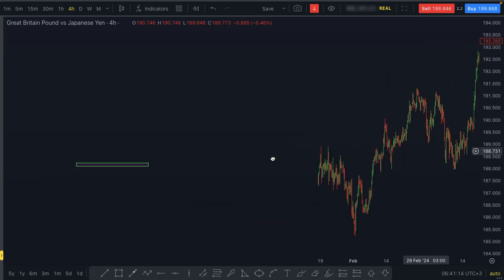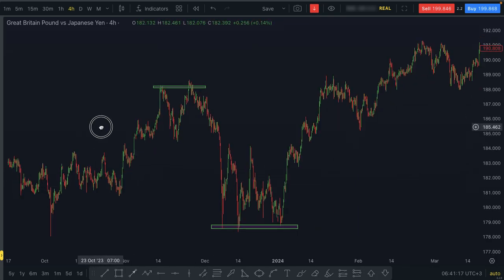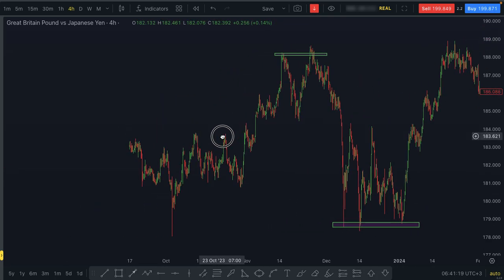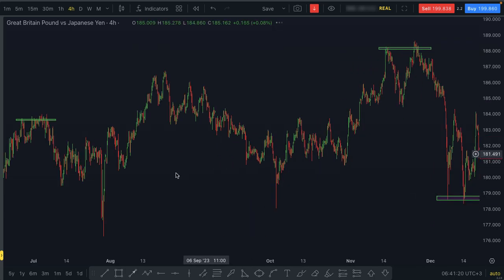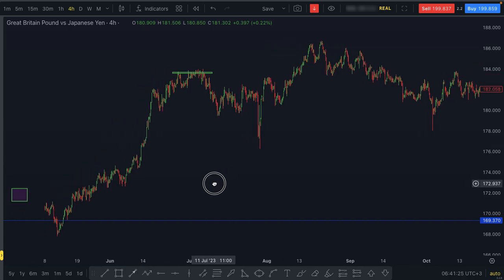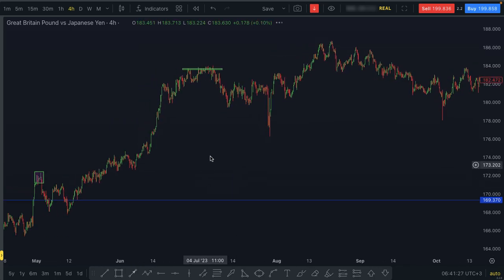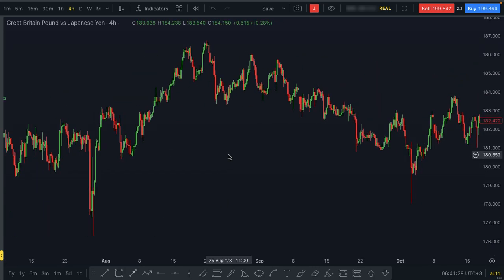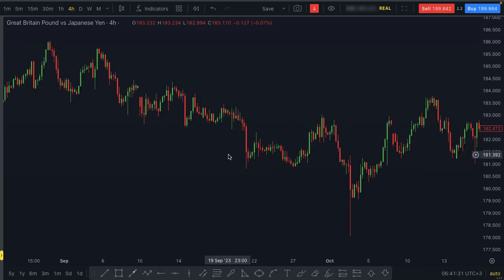It's better for you guys to reflect on these pairs, and maybe you can get one or two out of it. Some of the pairs I recommend for most traders to trade. The GBPJPY is a bit easier for us to interpret.